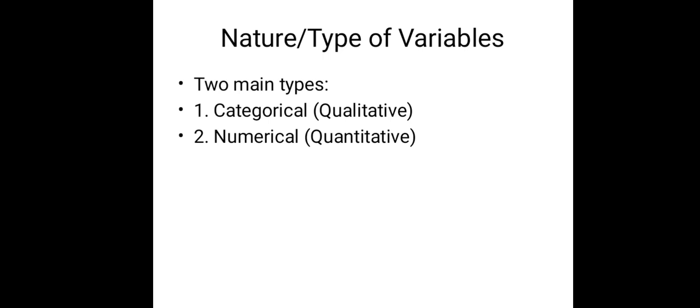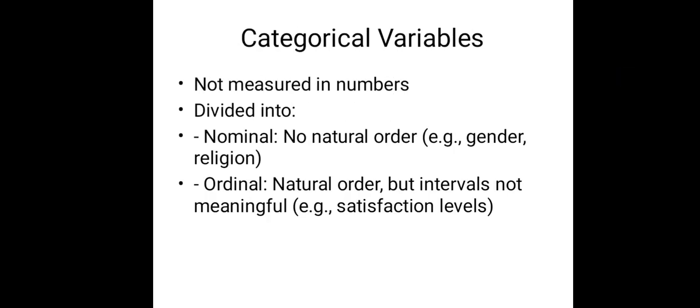So as we have categorical and numerical, let's drop into categorical and see what we have. If we have a categorical variable, we are talking about a variable that is used to measure things that we cannot measure in numbers. These things that we cannot measure in numbers are ideas, facts, attitudes, and some truths that we cannot number.